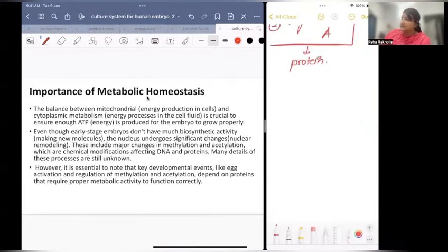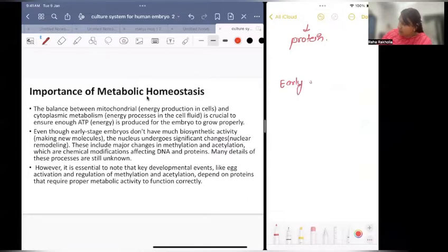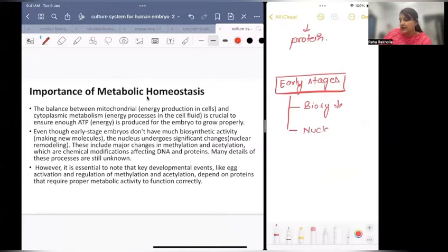Second, in early stages, there is less biosynthetic activity. Biosynthetic activity is less, but nuclear remodeling is there.